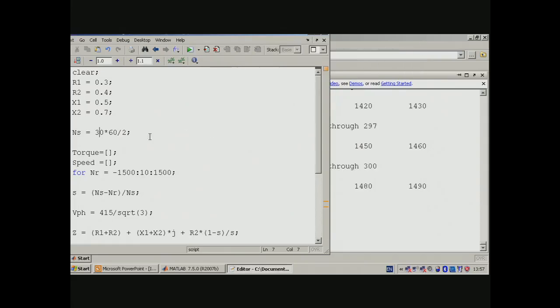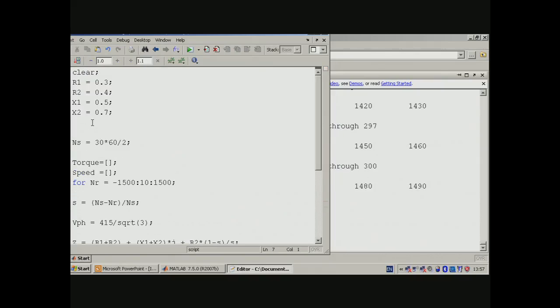But then if we were to change the voltage as a ratio of frequency, let's say Fs is 50 Hertz, this is your synchronous speed, and at 50 Hertz it is 415 over root 3. Then we want to reduce it when we reduce frequency as well.